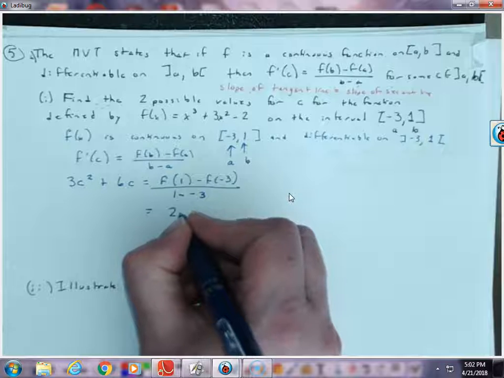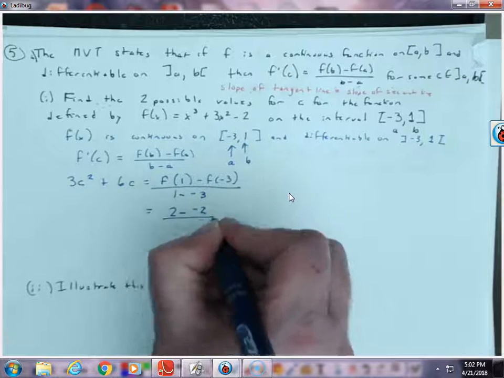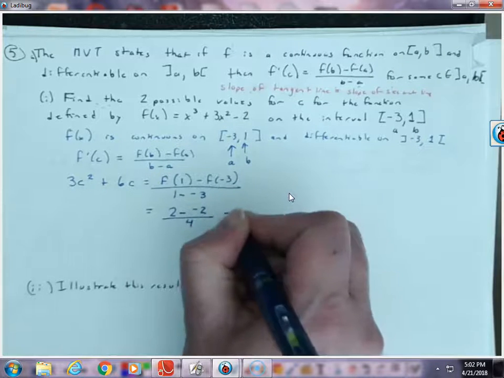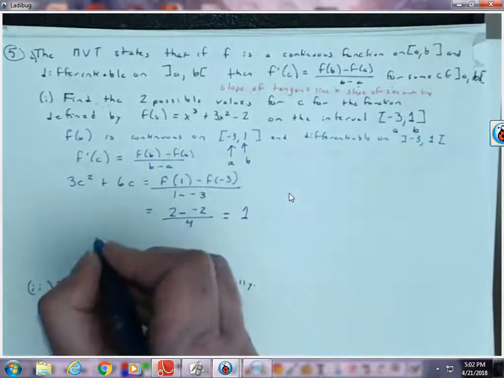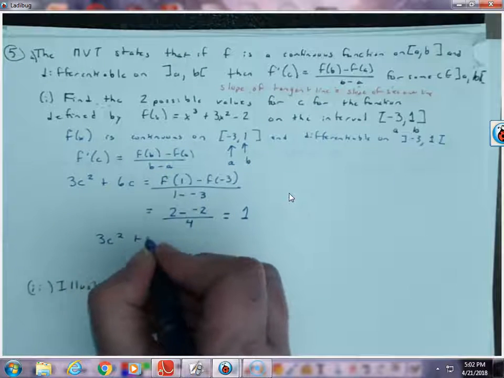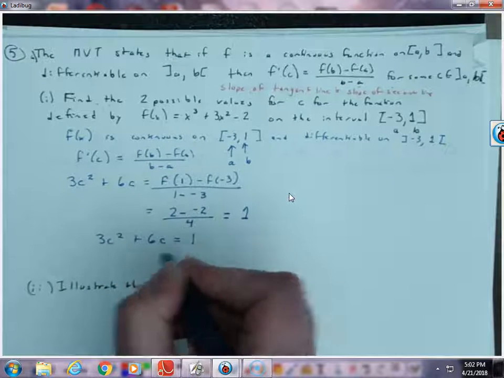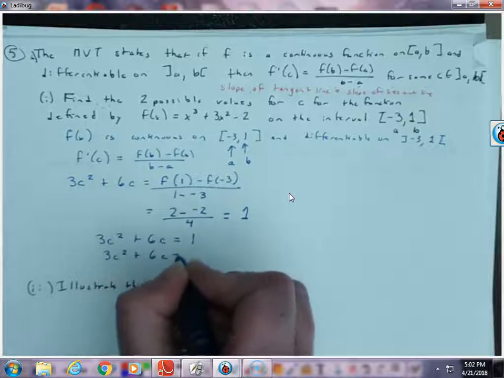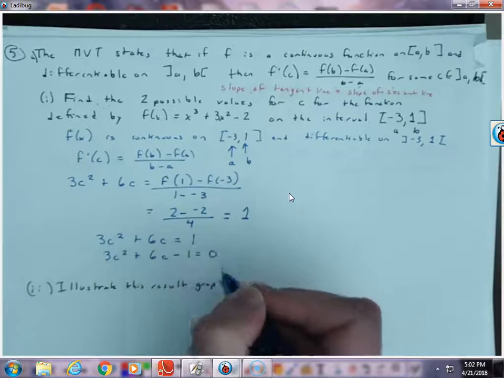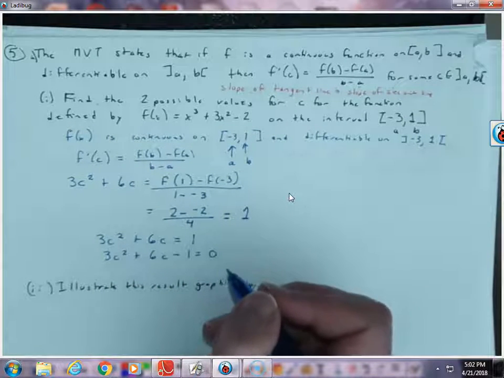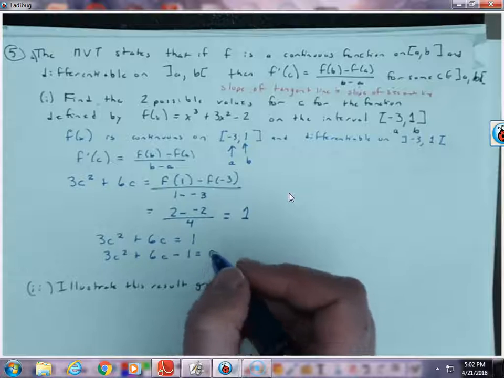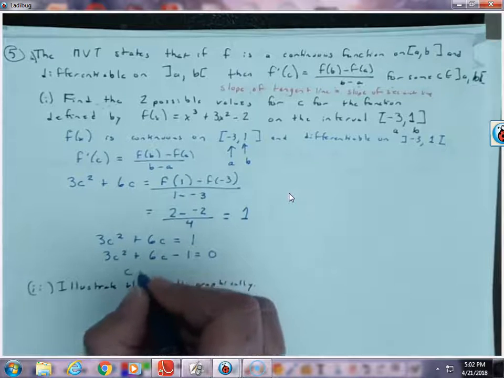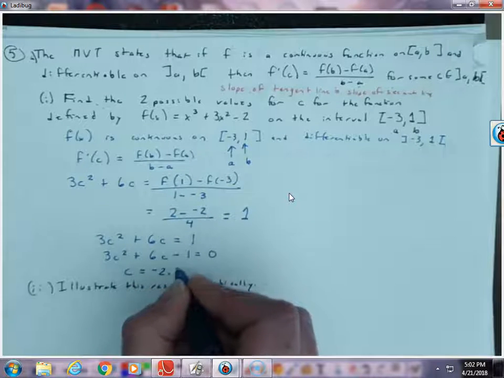When you do that, you'll have 2 minus -2 over 4, which just comes out to be 1. So you have 3c squared plus 6c equals 1. And then that's just a quadratic, so you can certainly solve it with the quadratic formula, then you can solve it using polytools, which is what I would recommend. And so with polytools, you would get 2 values.